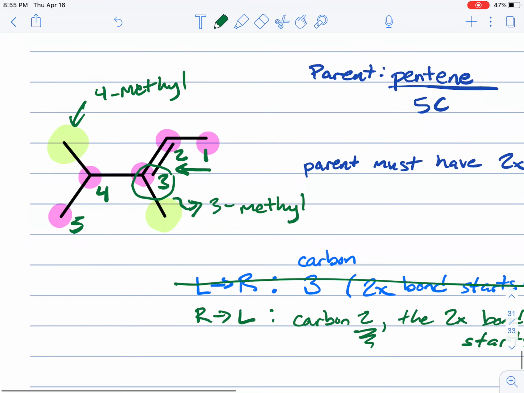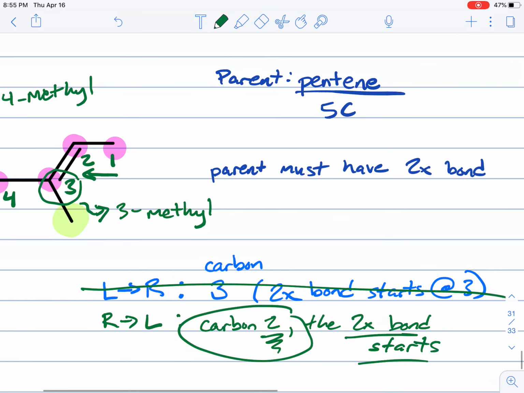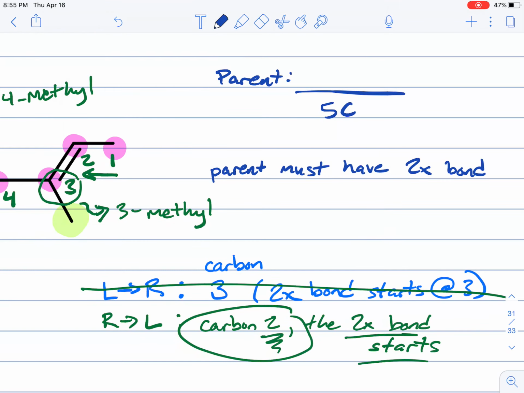And so now that I know that my double bond starts at carbon 2, I'm going to change my parent name just a little bit and give it a stronger description. I'm going to say that on carbon 2, I have my double bond.